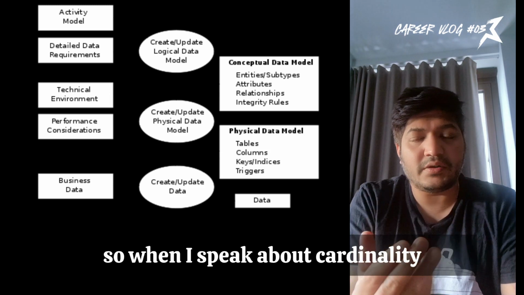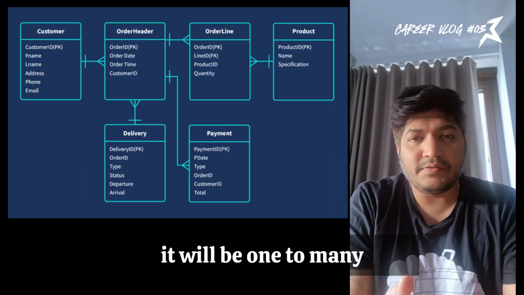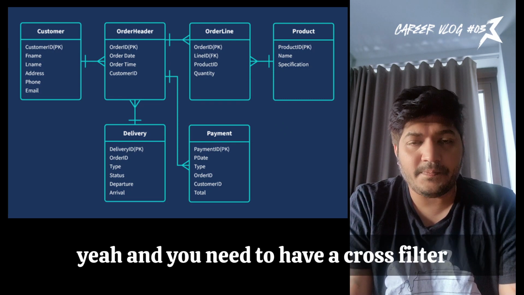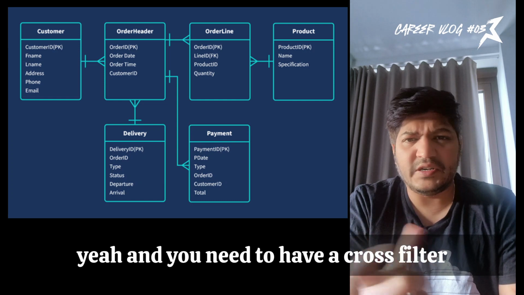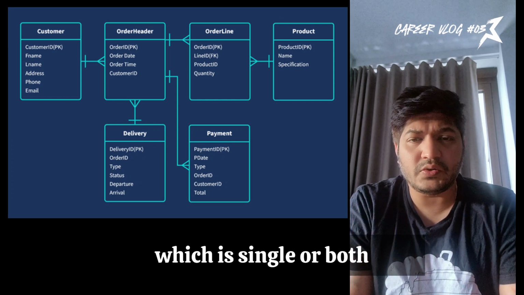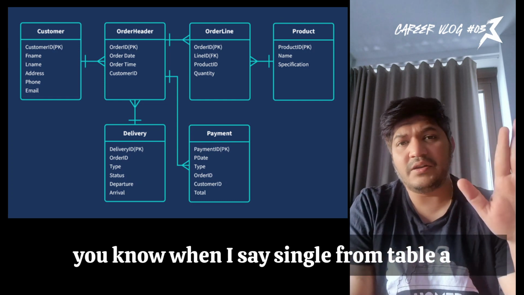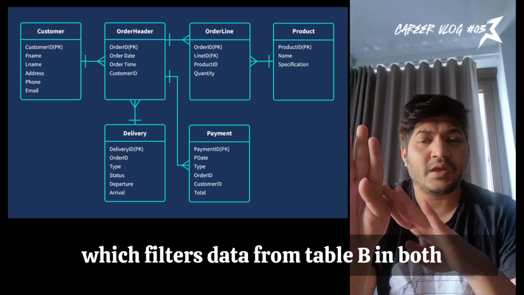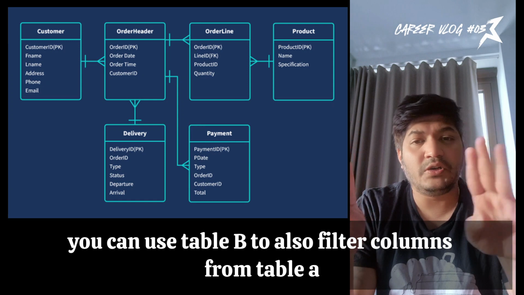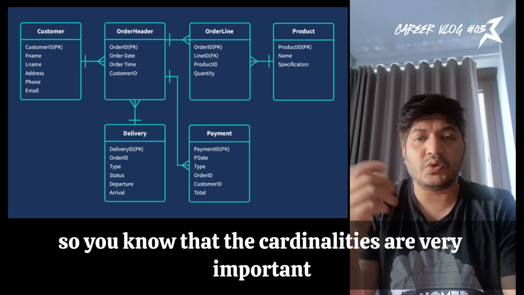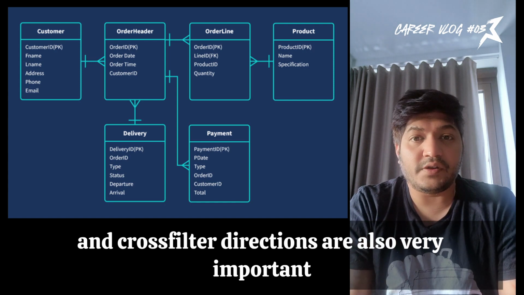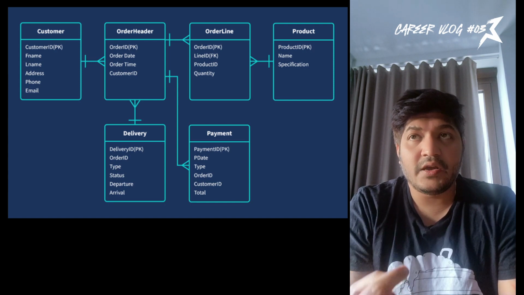When I speak about cardinality, it will be one to many, many to one. And you need to have a cross filter, which is single or both. When I say single, from table A you can pick up a column which goes into table B, which filters data from table B. In both, you can use table B to also filter columns from table A. So the cardinalities are very important, and cross filter directions are also very important. That is a key.